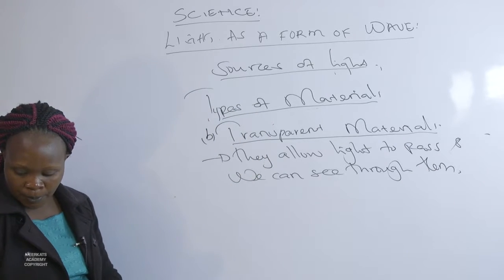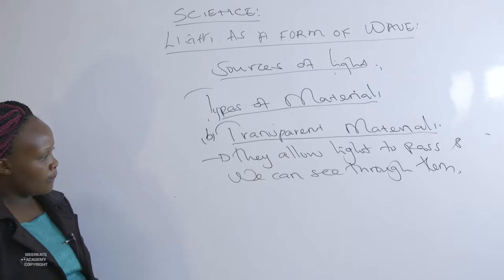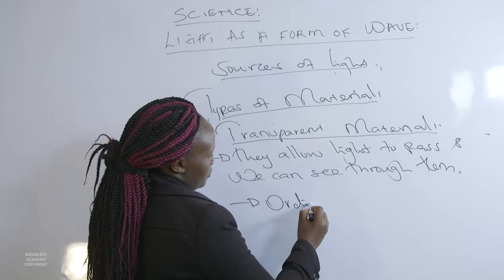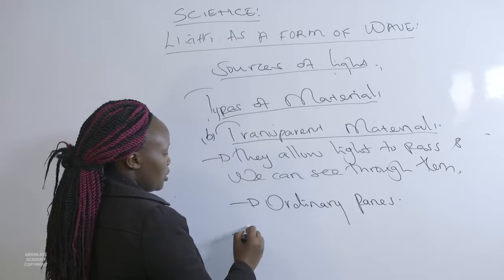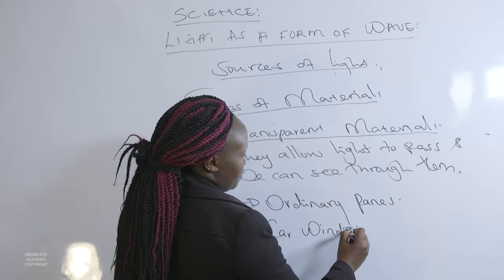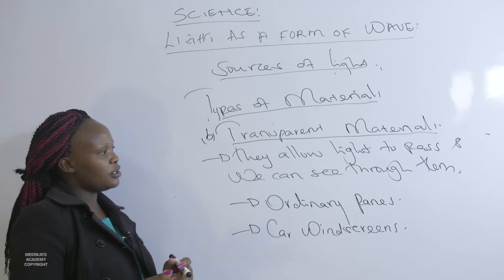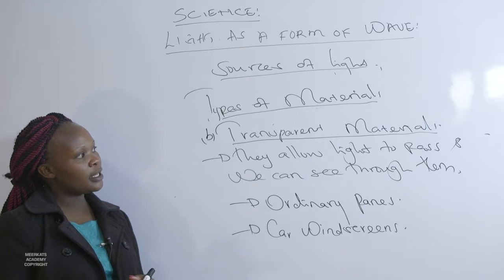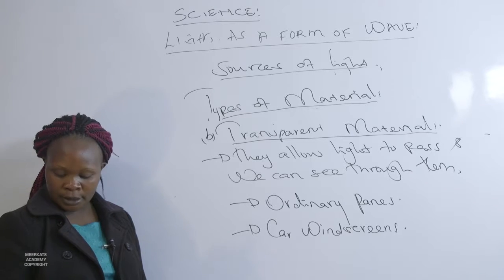For example, you can talk about ordinary panes, and you can talk about car windscreens. These ones are examples of transparent materials, and you can also think about others. You can think about others and add onto the list.